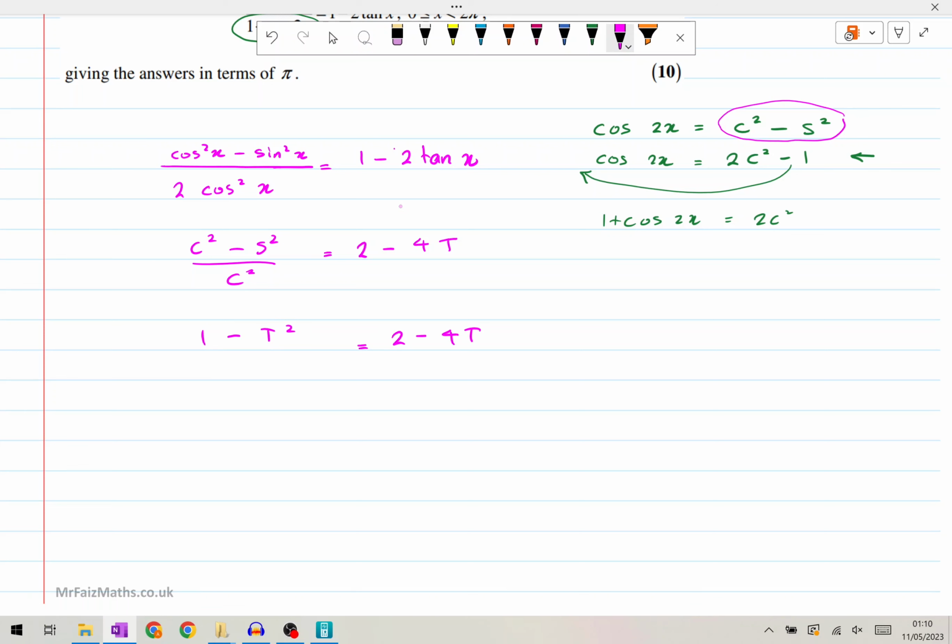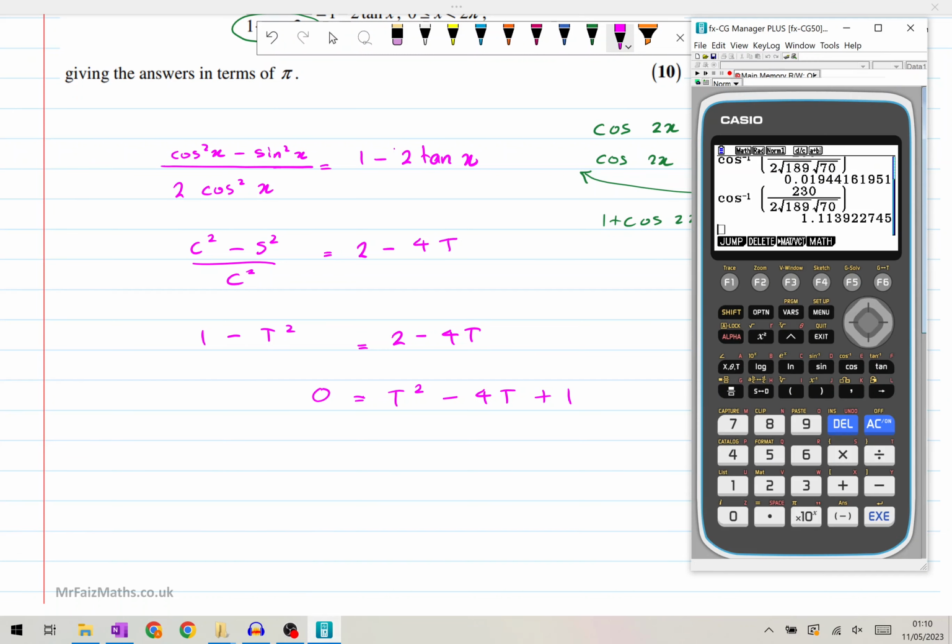So clearly now we have a quadratic in terms of tan. So I'll bring everything to one side and say tan squared x minus 4 tan x, and then bring the 1 over to this side. That gives me plus 1. Now, to solve this equation, we are going to have to use the quadratic formula or just plug it into a calculator, because this is not something that we are going to be able to factorize.